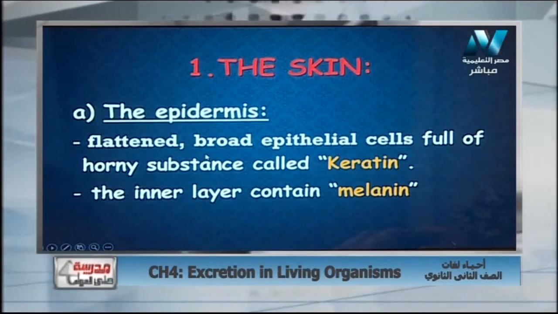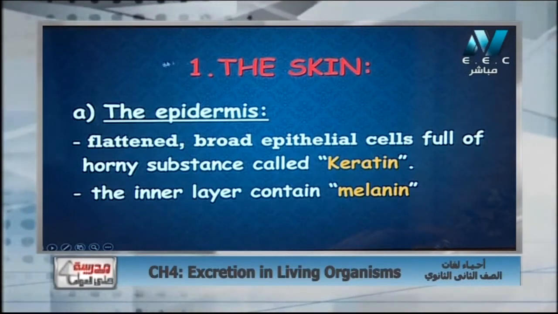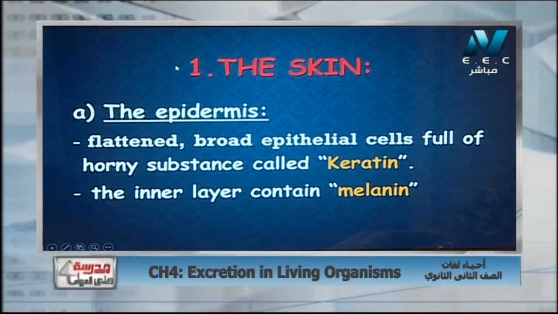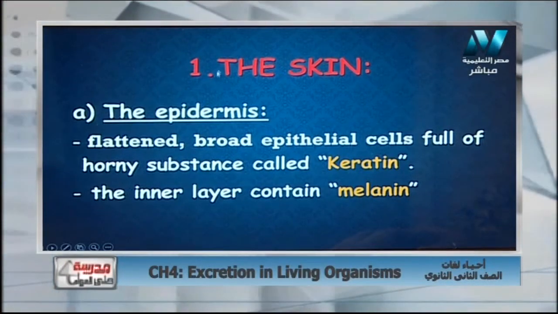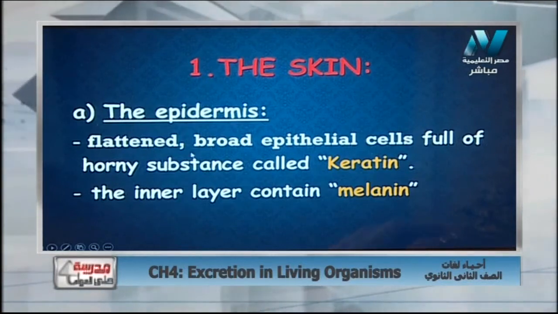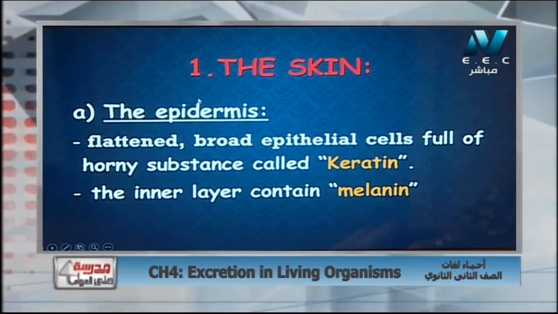Let's start excretion in the human body. And the human body contains many organs by which it gets the waste materials out of it. The first one is the skin.